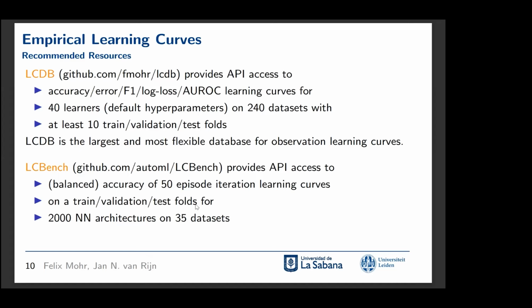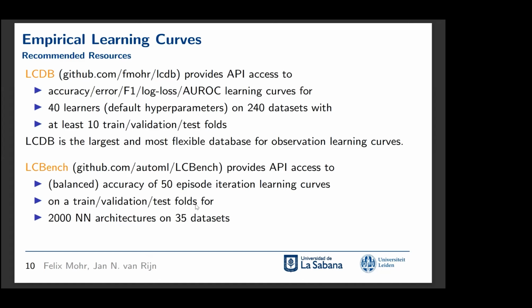That's a fairly large database, I think it's like 200 gigabytes or something like that. We have 10 train validation test folds. So basically you can use this to instantly query sample-wise learning curves, so learning curves of the first type we saw.